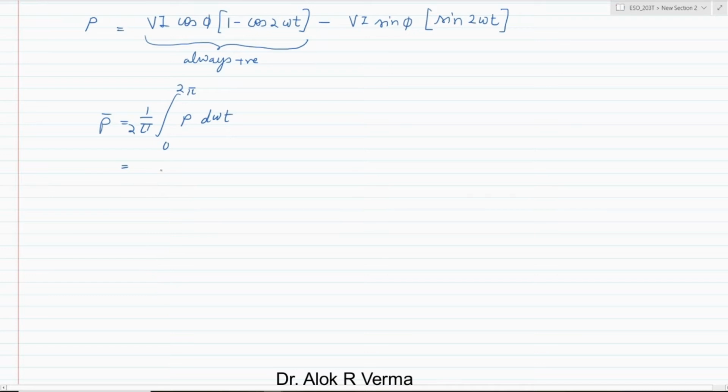It will be VI cos phi, which is very important. This average power is represented by capital P, which is VI cos phi.